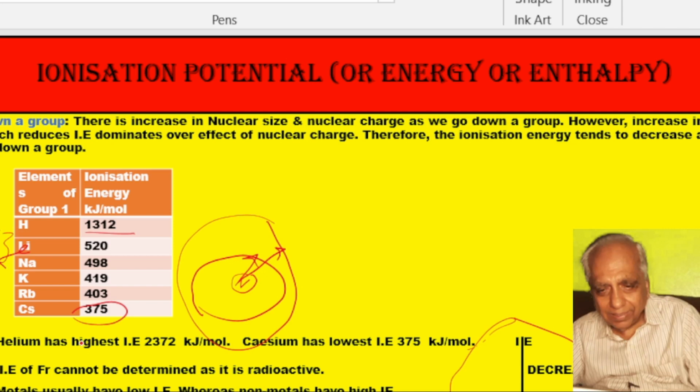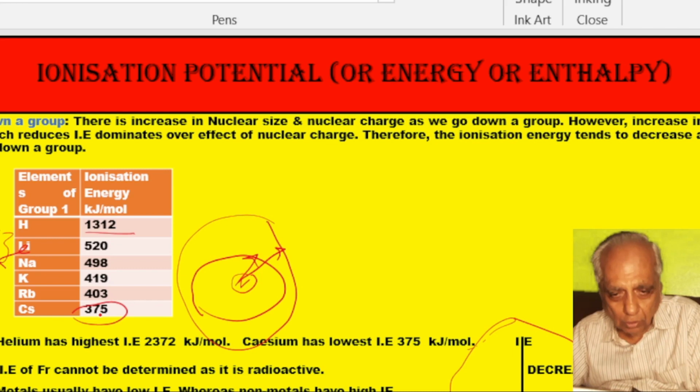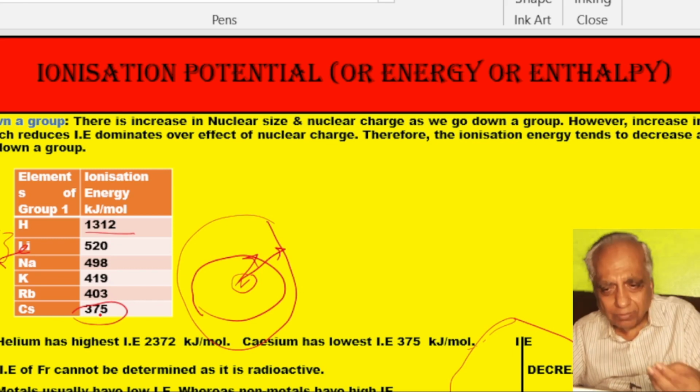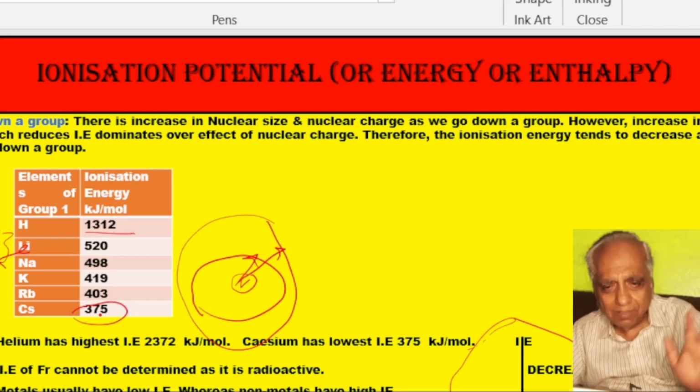Now this is mathematically. Now let us try to see logically why. Metals have 1 or 2 electrons in the outermost orbit, and they are not interested in keeping them. They want to attain the stable condition, so we can easily remove them. So ionization energy is less.